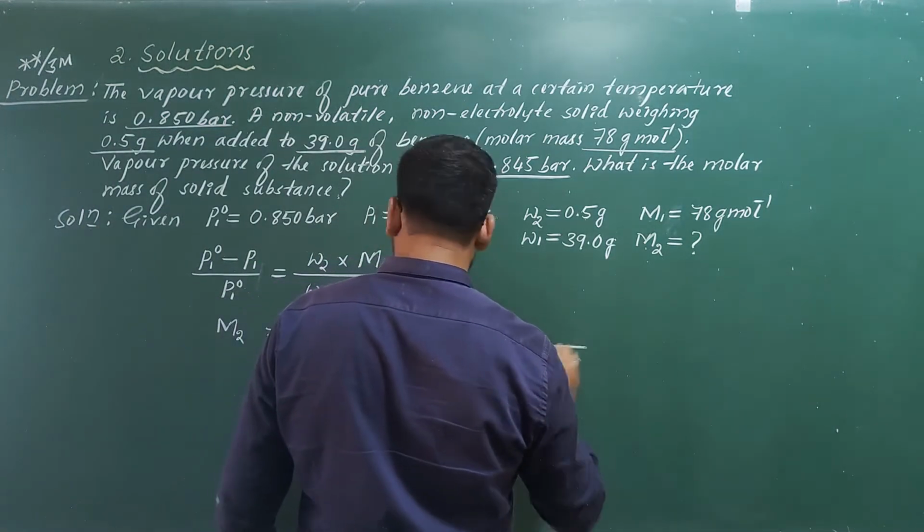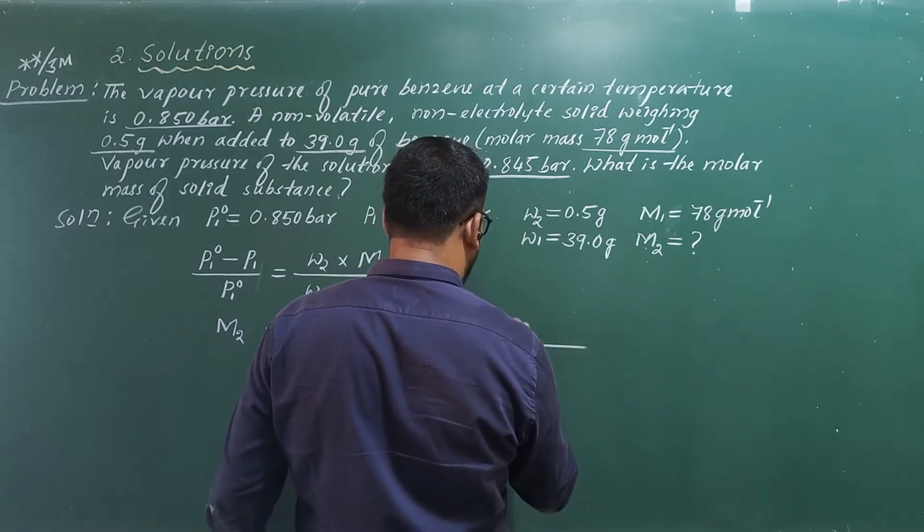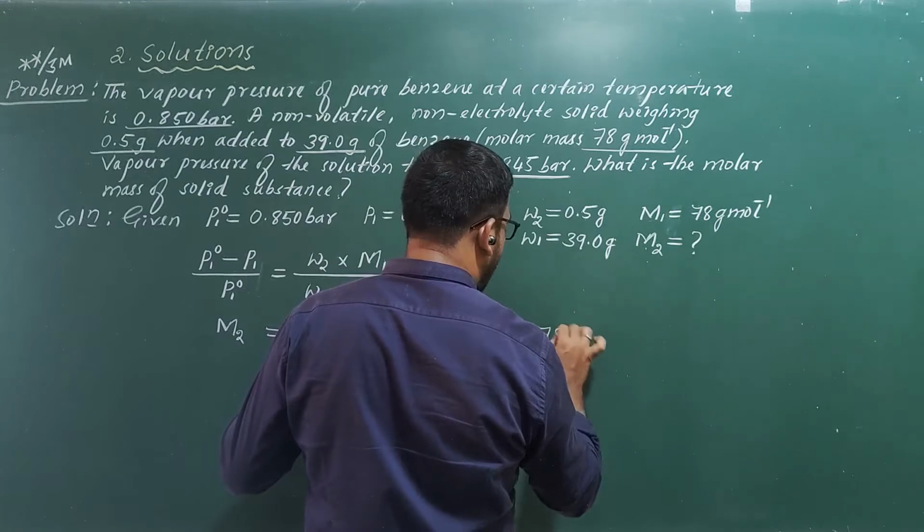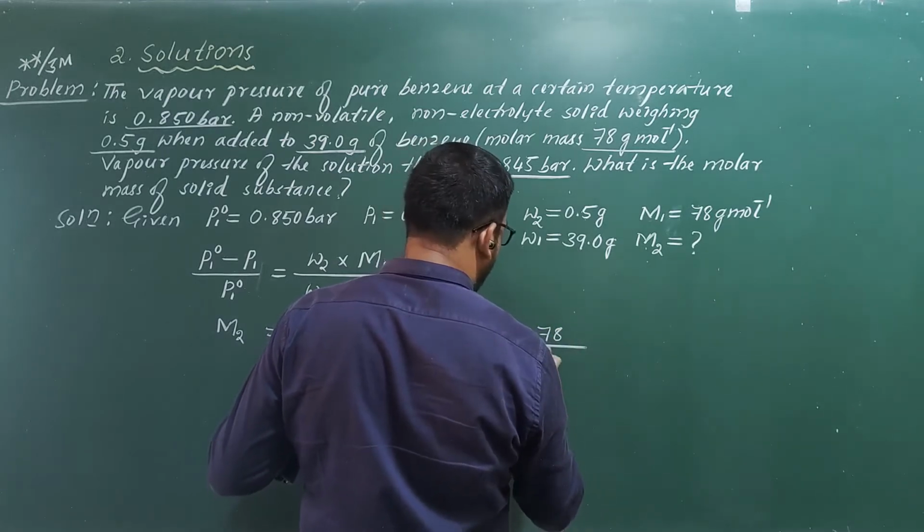So what is W2? It is 0.5 gram. What is M1? It is 78, and W1 is 39.